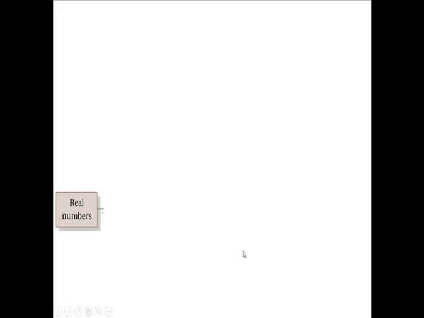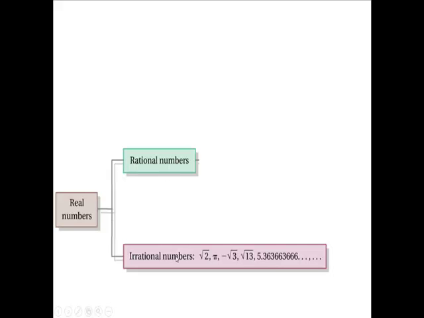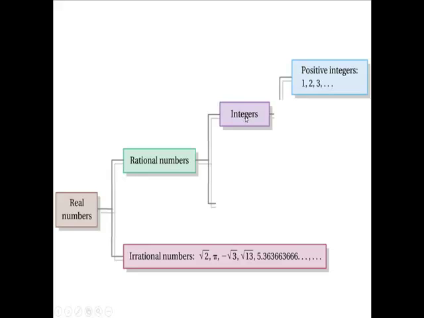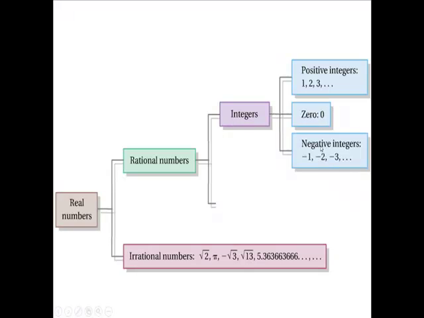Now, real numbers are made of what we call rational numbers and those that are not rational. And they give you some examples of irrationals. But now let's look at rationals a minute. Rationals are made up of integers, and integers could be either the positive integers or 0 or the negative integers.